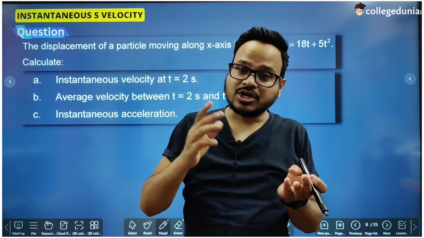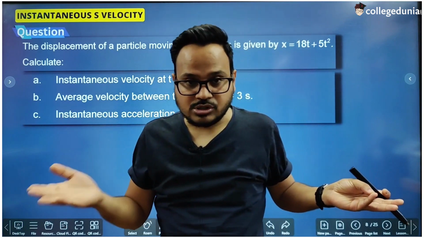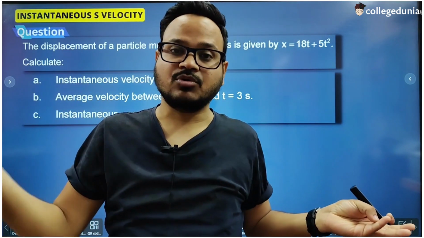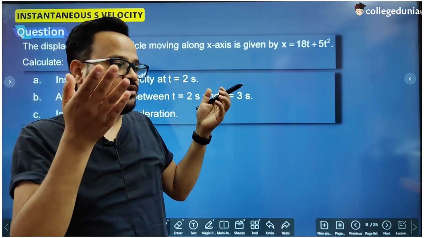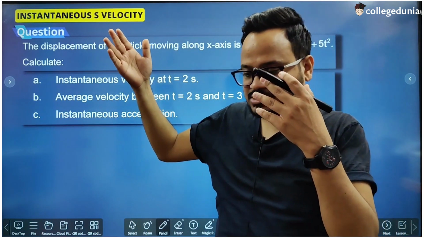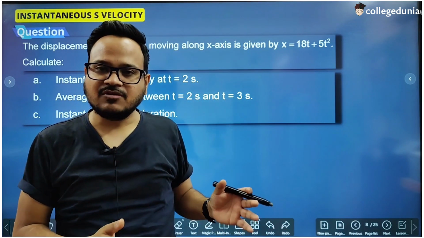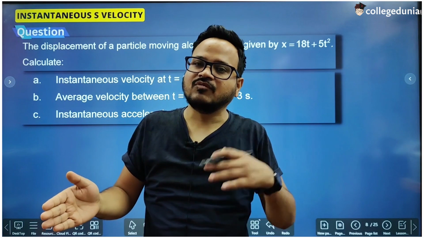The speed of the body was 40 km per hour at some point of time. At another point it was moving with 10 km per hour, and it was at rest, with speed 0, when it was standing at the signal. So there are different values of the speed and velocity when the body moves from one part to another.